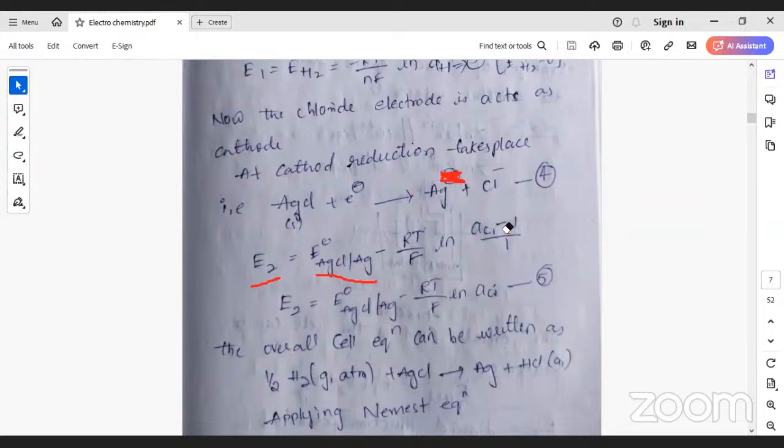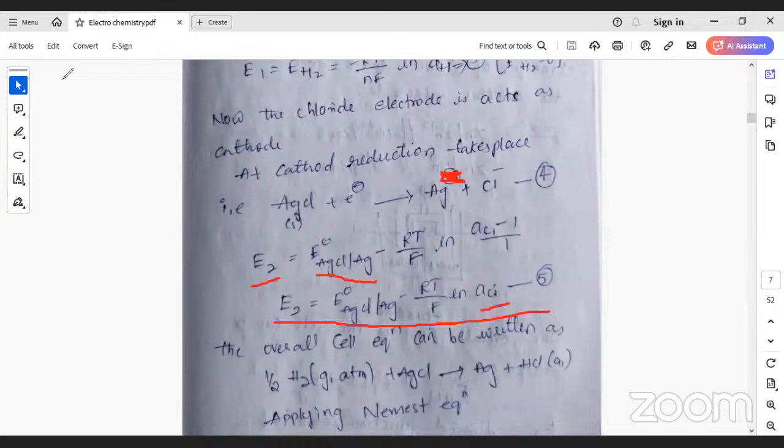For solids, activity is 1. So therefore, we'll get this equation. Therefore, E2 is equal to E naught of AgCl by Ag minus RT by F ln activity of Cl minus.